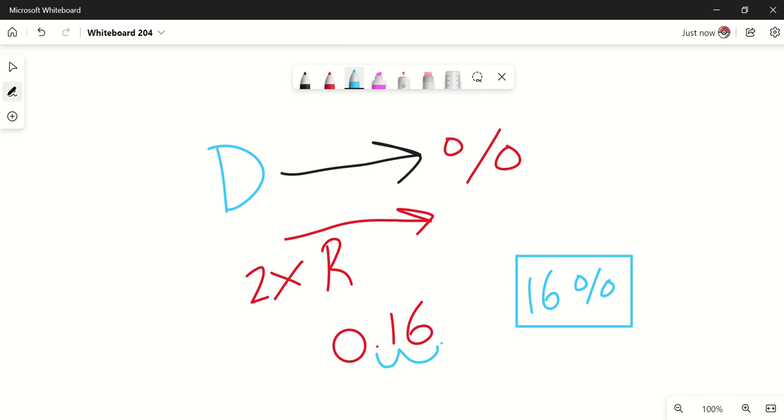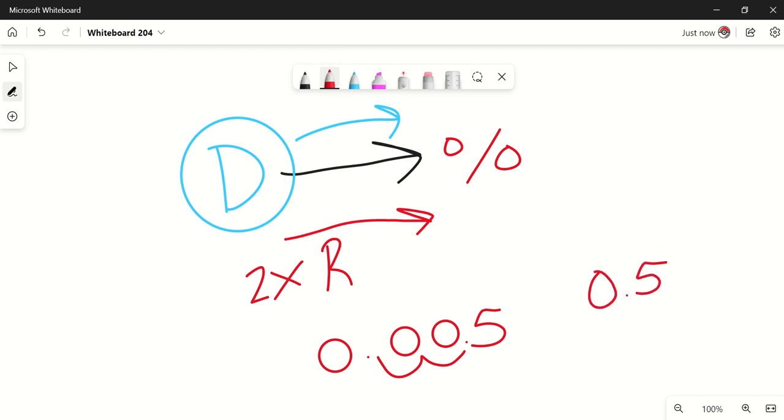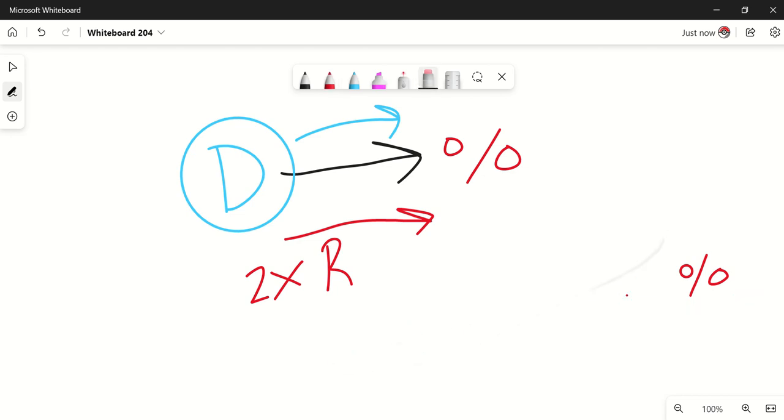Now remember, it has to be a decimal to a percent. So your number has to be a decimal. Let's do another one. Let's say I have 0.005. The decimal needs to move twice to the right, 1, 2. This will make this 0.5%. And I will add the percentage at the end. So again, in order to change a decimal to a percentage, we are moving the decimal 2 times to the right.